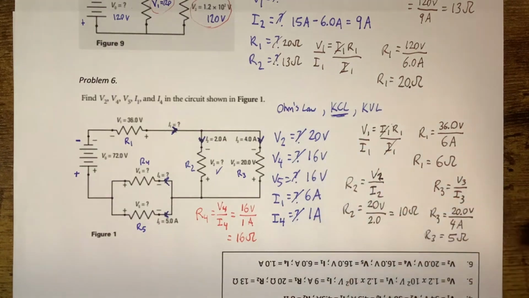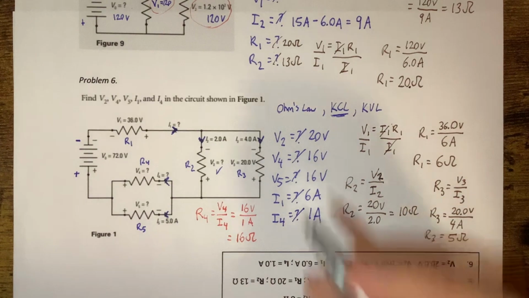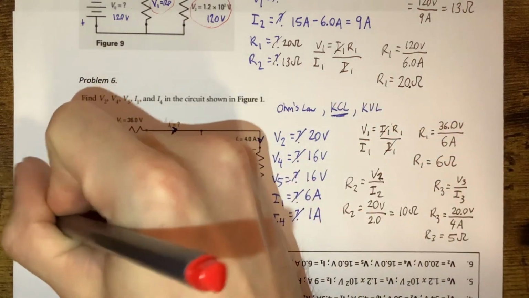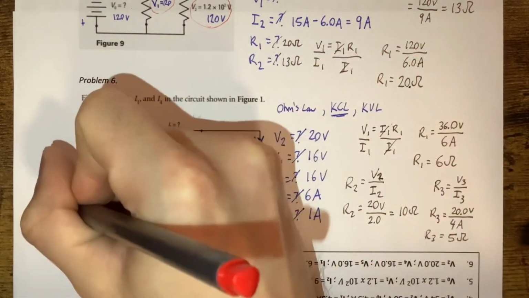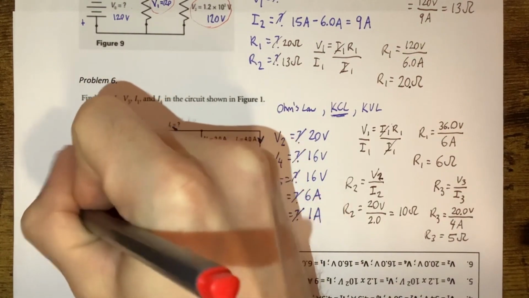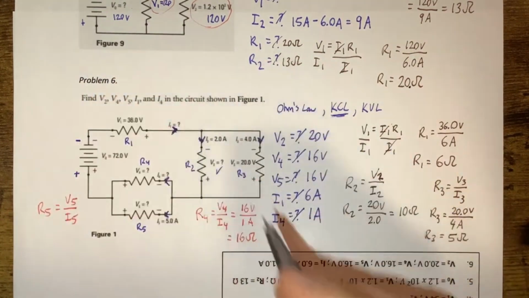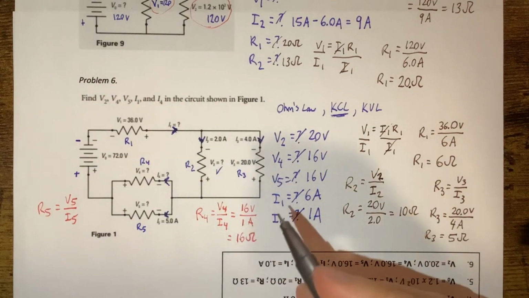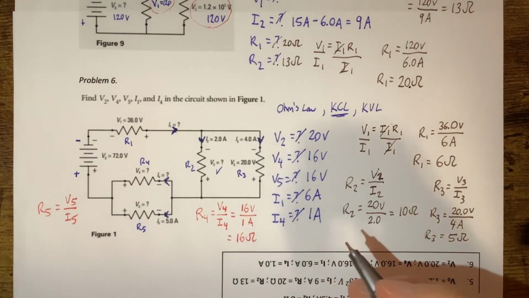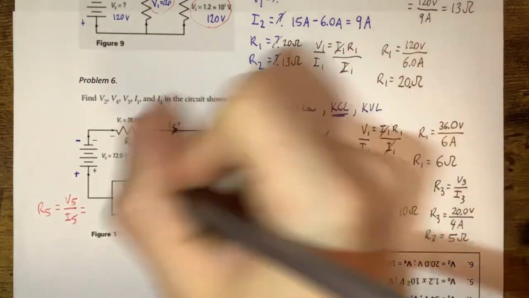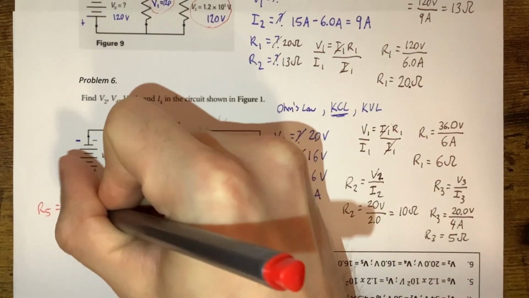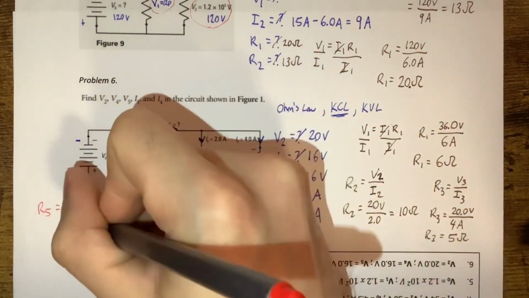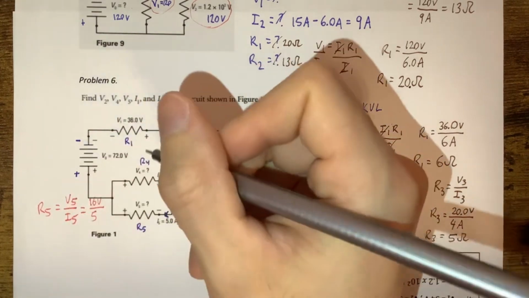Okay, now we got our last one. Our last one here, hopefully going to stay under 15 minutes. All right, so we got our R5, V5 over I5. And yeah, we got our 16 volts over our 5.